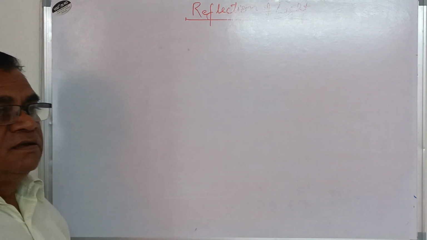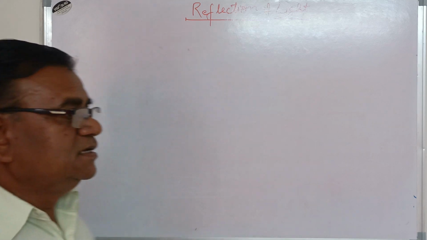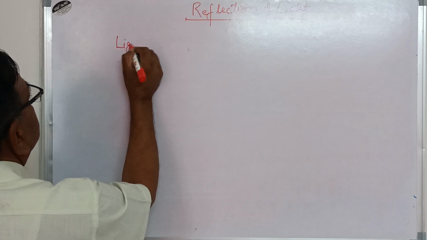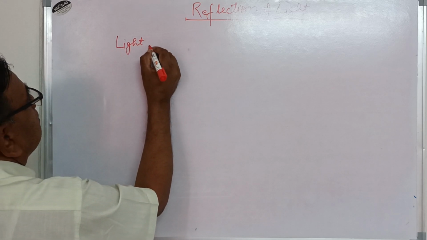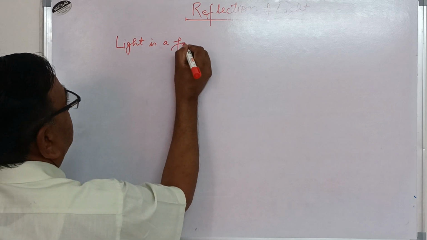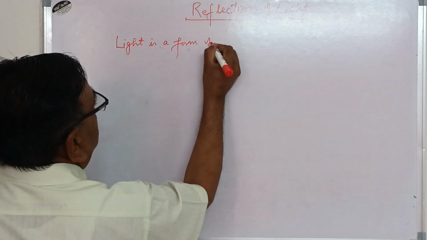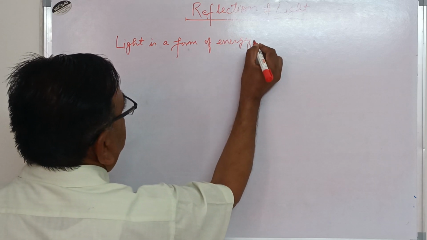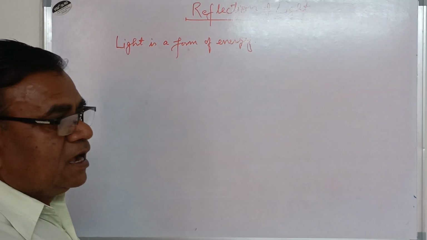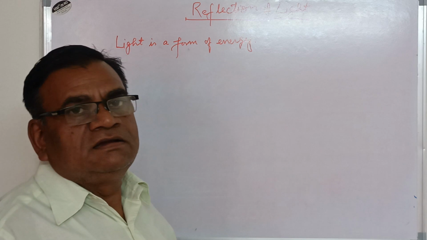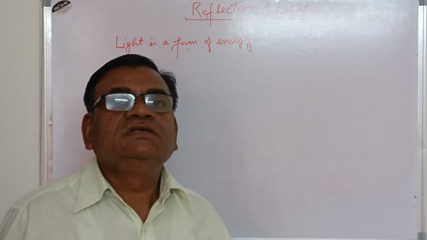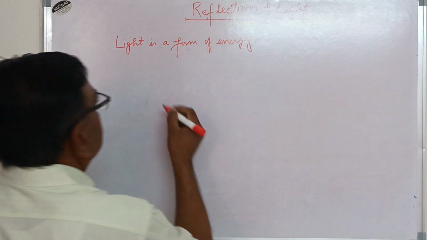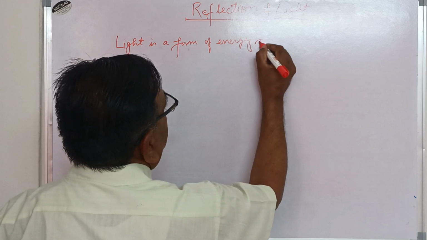Now, the nature of light. What is light? First of all, light is a form of energy. And with the help of light, we come to see the things in this world.